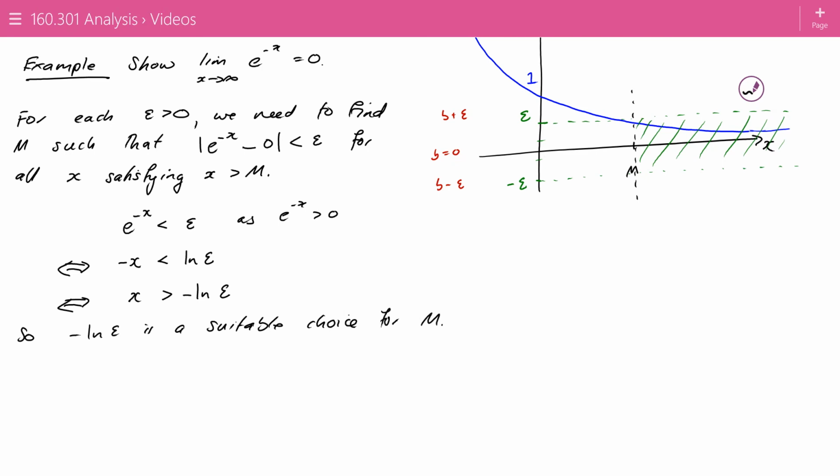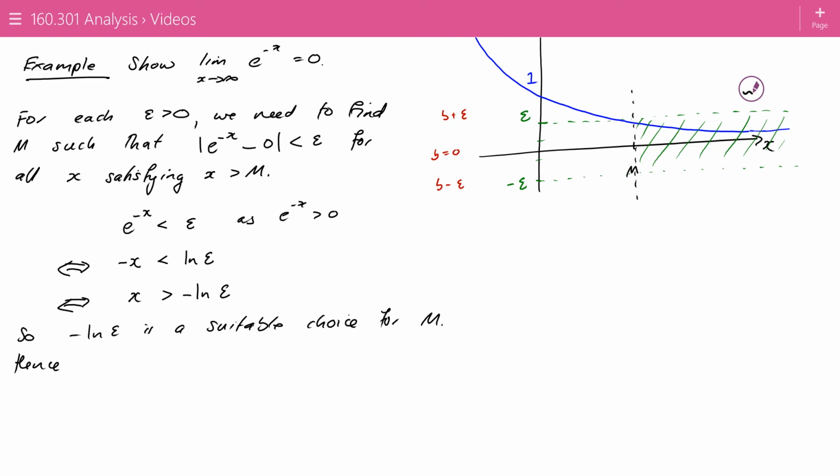Given epsilon, if I set m equal to negative log of epsilon, that guarantees that e to the minus x is less than epsilon for all x greater than m, or greater than negative log epsilon.